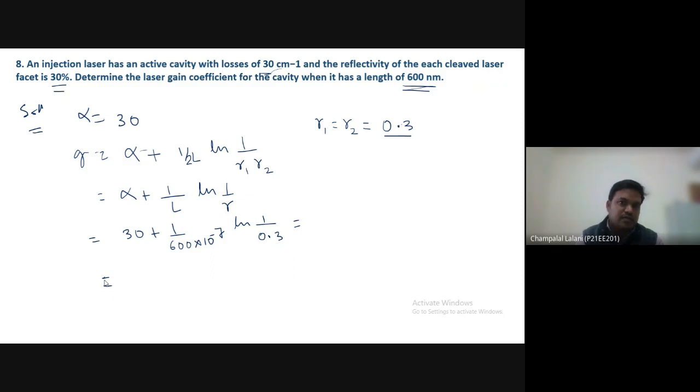Has anyone got the answer? The answer that I am getting is 50 centimeter inverse. So this is the gain, or G threshold. I hope you are getting the answer. Let's move to the next problem.